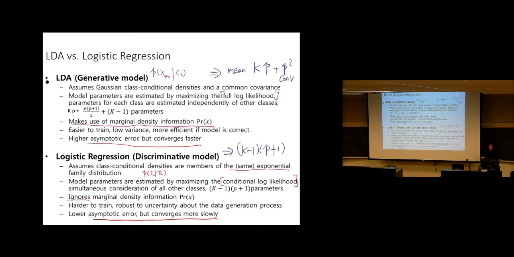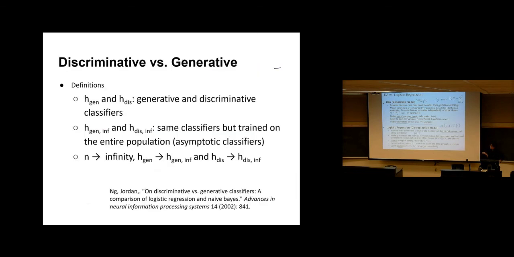The most important difference is what happens when you have an infinite number of samples. What is the behavior of your classifier? This is normally called asymptotic behavior.